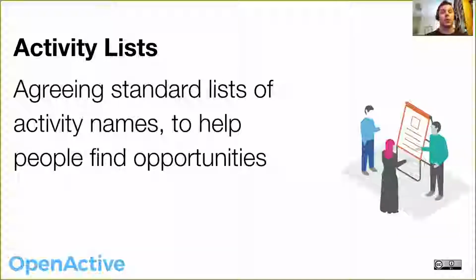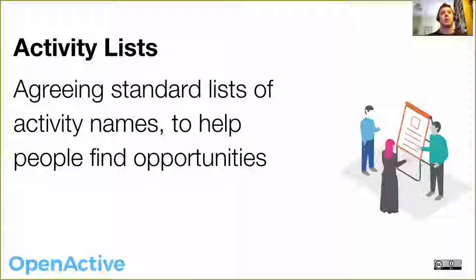As part of doing that work, there are some specific other things that we need to agree on. One of the main things that we'll be producing is a standardized activity list. So we know that many different systems have different ways of organizing and describing activities.